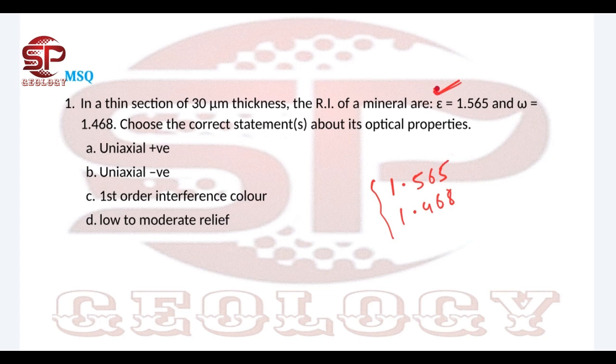You can see epsilon is greater than omega. When epsilon is greater than omega, it is uniaxial positive. So this will be the correct option. The negative will be incorrect. It has low to moderate relief. We will calculate the retardation of the birefringence here.